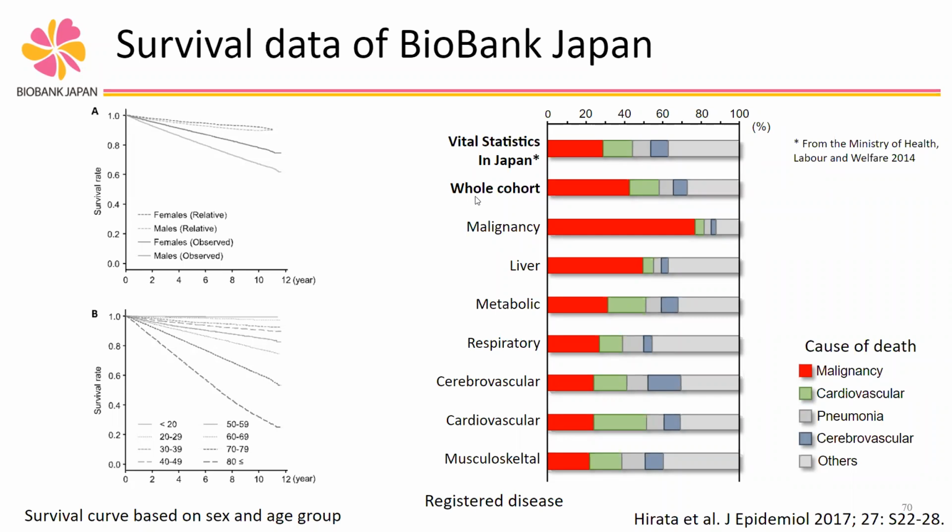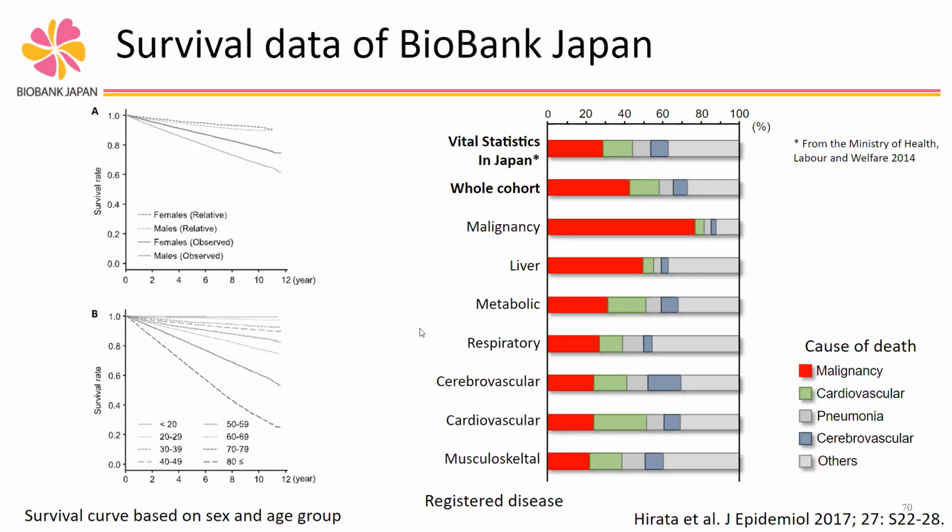And not only the patients registered for malignancy to Biobank Japan, but the patients with liver disease, metabolic disease, respiratory disease, cerebrovascular disease, and musculoskeletal disease also died of malignancy as a primary cause. Only the cardiovascular disease patients died of cardiovascular disease itself.